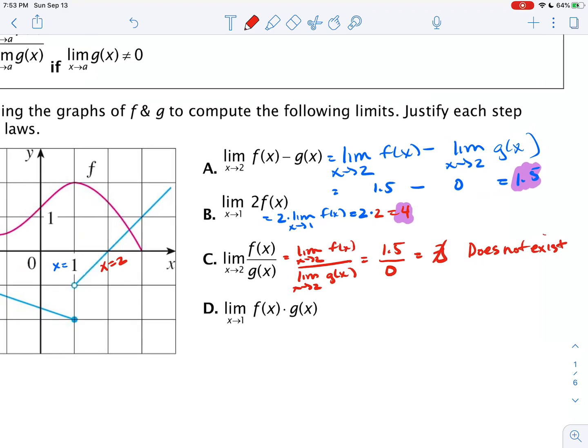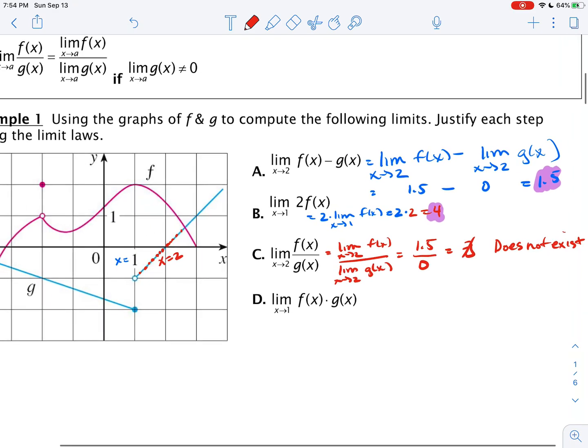And the reason is that as x is approaching 2 from the left, g of x approaches a value of 0 from negative values, but on the right-hand side, it is approaching 0 from positive values. And so if we take that quotient, we're going to end up with an asymptote, but on the left-hand side that quotient will be going to negative infinity, and on the right-hand side it will be going to positive infinity, and so the two-sided limit will not exist because they're not going to the same infinities.